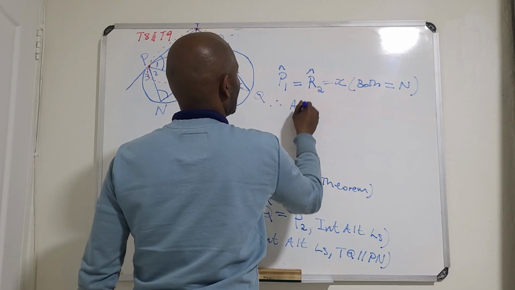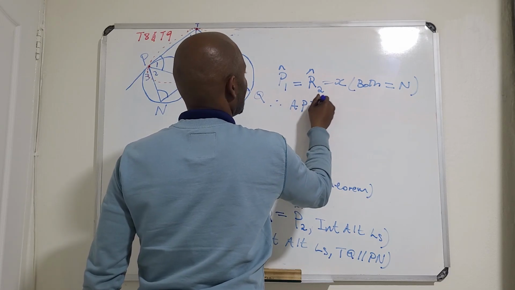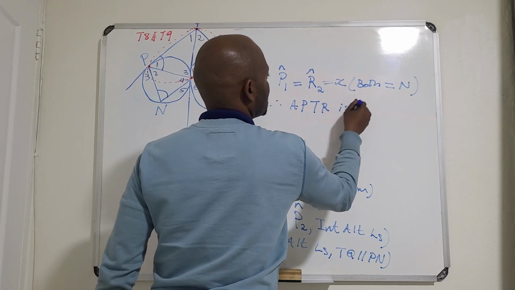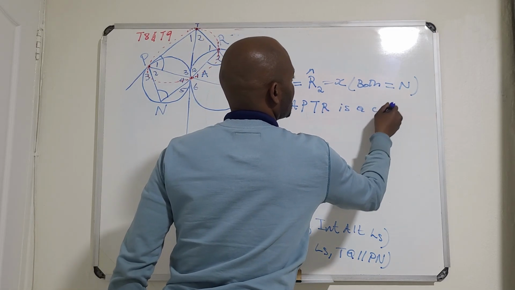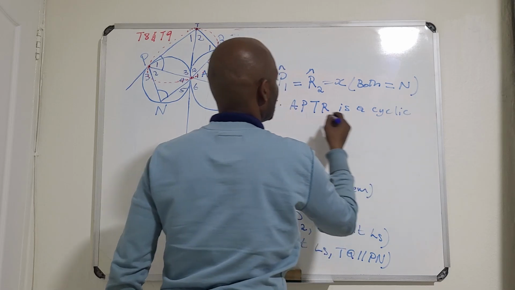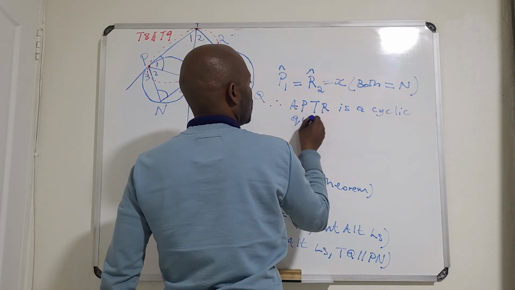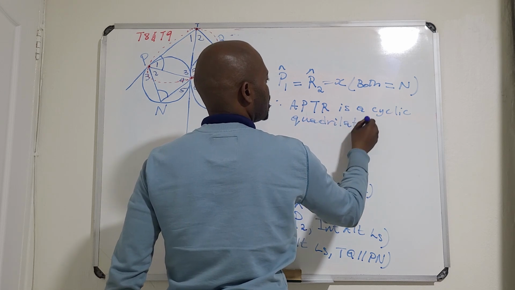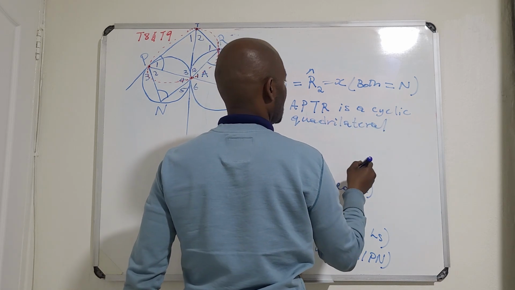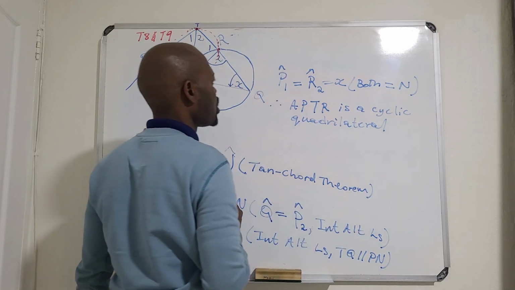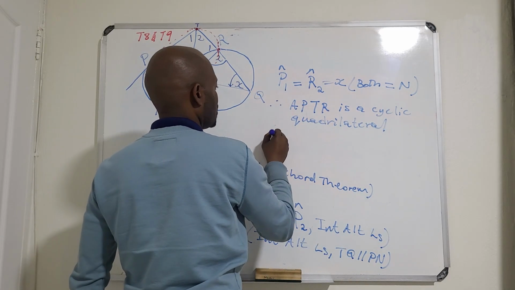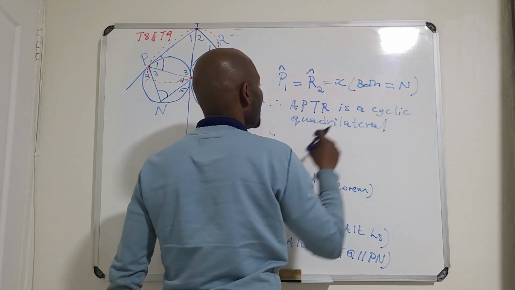Therefore, A, P, T, R is a cyclic quadrilateral. Why is it a cyclic quadrilateral? We give the reason why we're saying that.